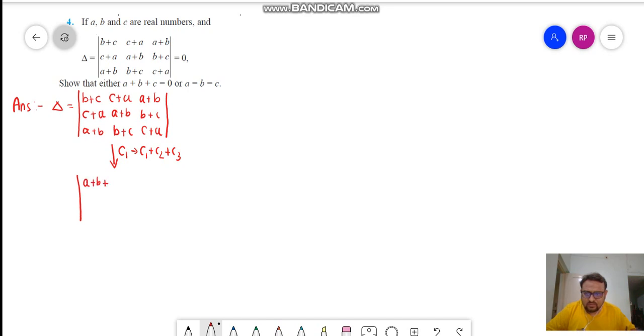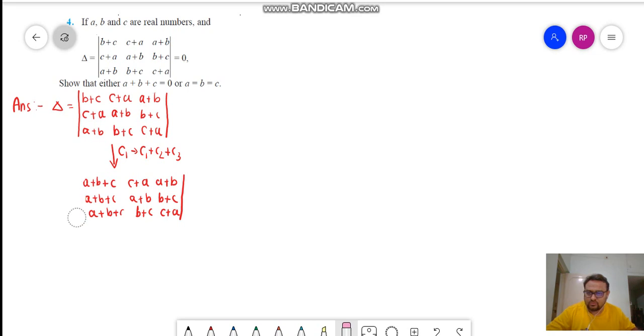A plus B plus C, C plus A and A plus B. Again, A plus B plus C, A plus B and B plus C. A plus B plus C and then B plus C, C plus A. Okay, it will be 2 times A plus B plus C, 2 times A plus B plus C, 2 times A plus B plus C, right?